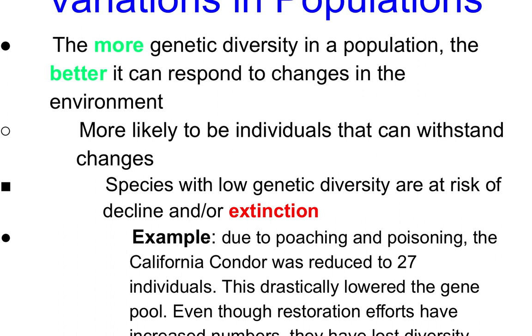Even through restoration efforts, we've seen an increase in numbers, but a lot of genetic diversity has been lost. We've seen this in lots of populations that humans have tried to conserve. The original population before humans impacted it was usually very genetically diverse and had a lot of diverse alleles.